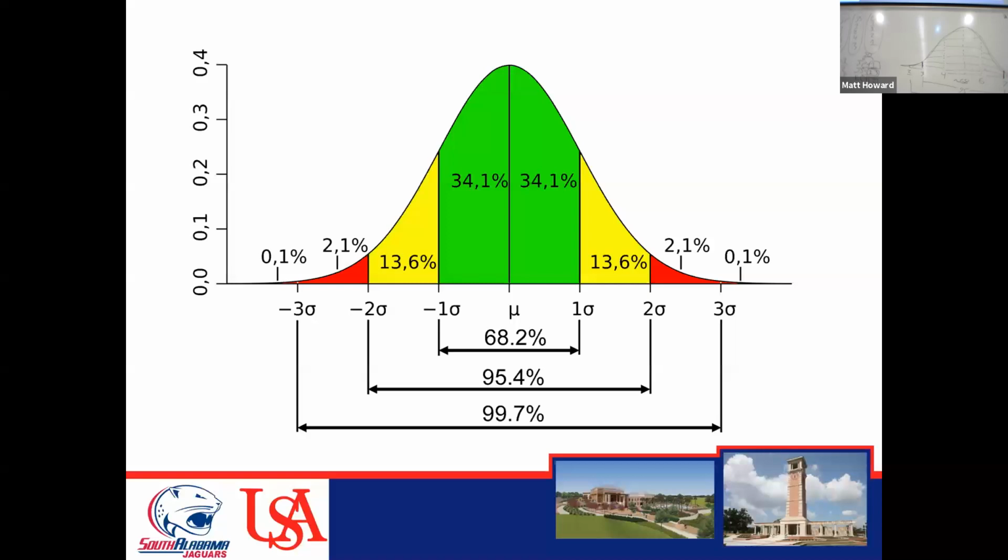So if you're assuming a normal distribution with your data, just from knowing the mean and standard deviation, you can get a really good estimate for where most of your values fall.